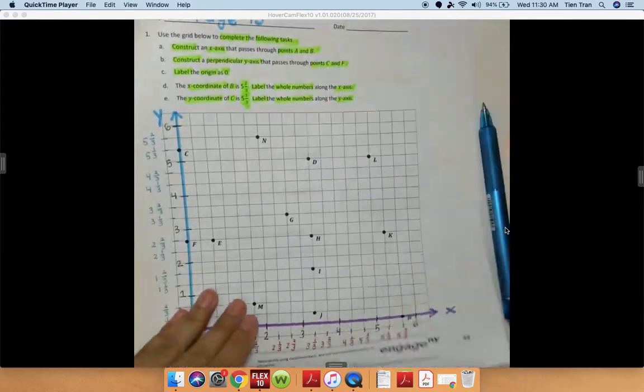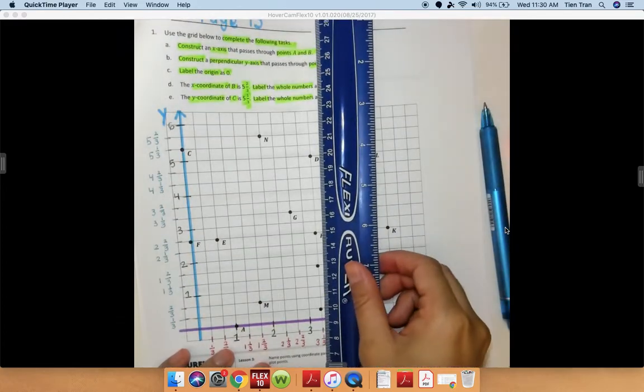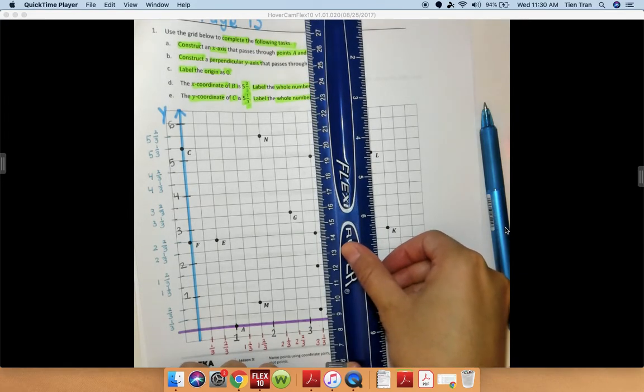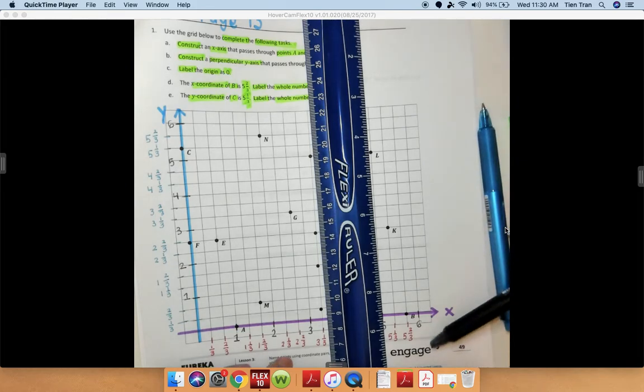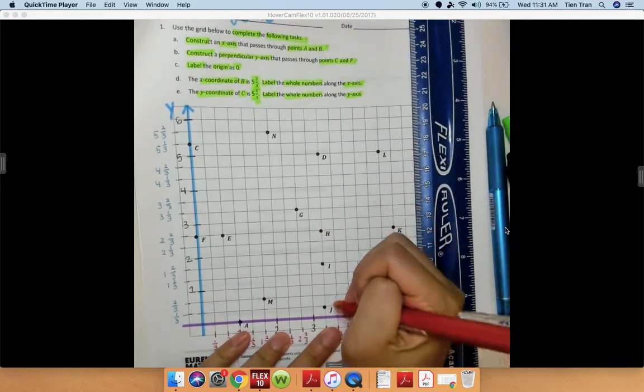So, right, we have 3 and 1/3. All of these coordinates right here, these little dots, are 3 and 1/3. What I'm going to do is label them all and find the coordinates for each one.